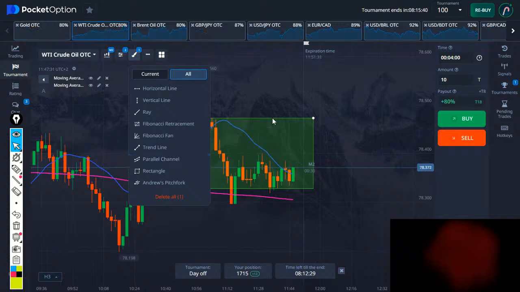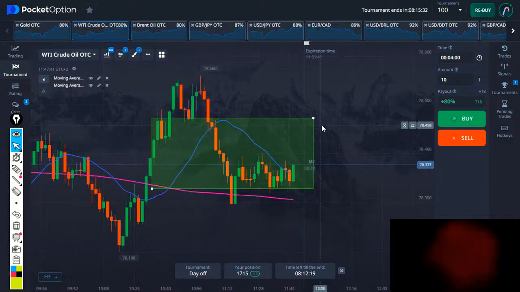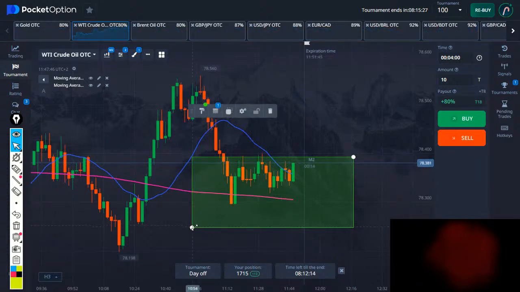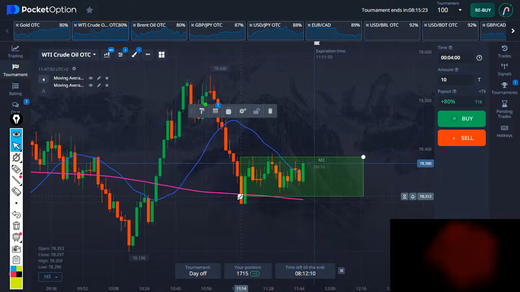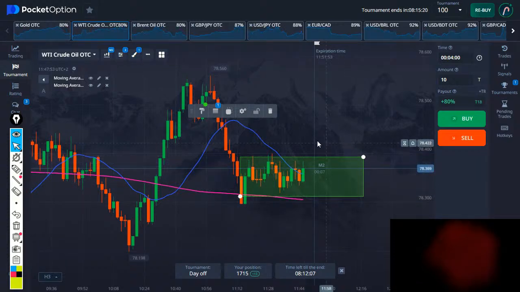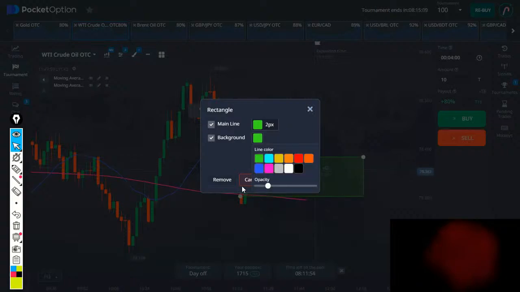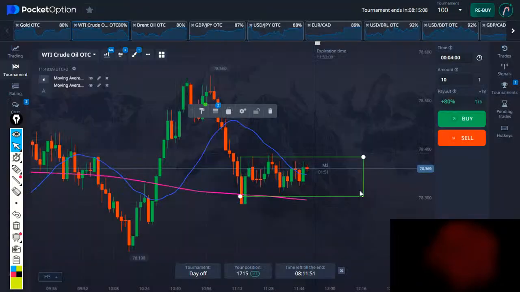Let me draw this thing quick. It's moving. Come on, why is it stuck? Okay. Remember, we need a strong close. I'll set an alarm over here.